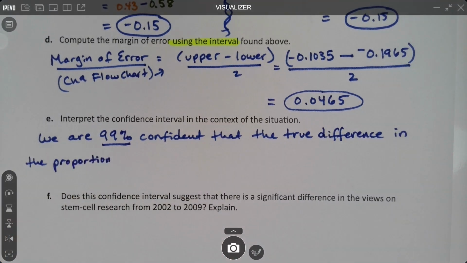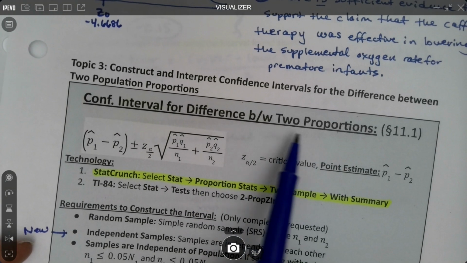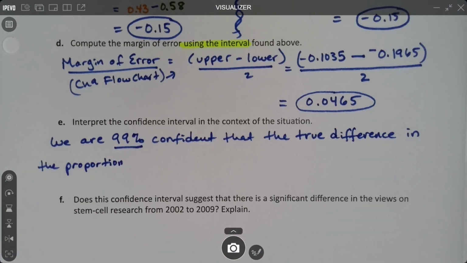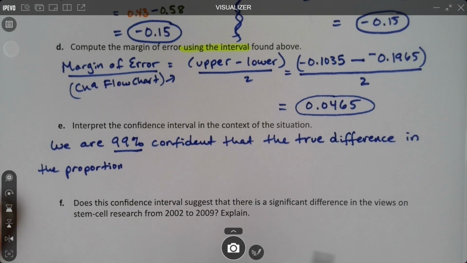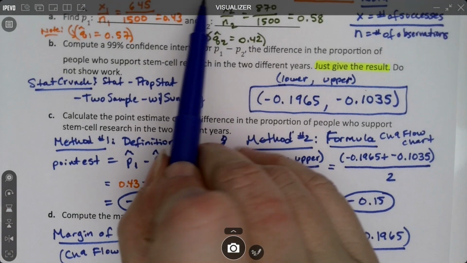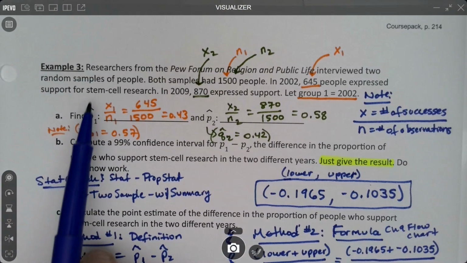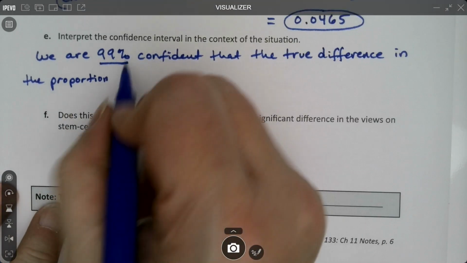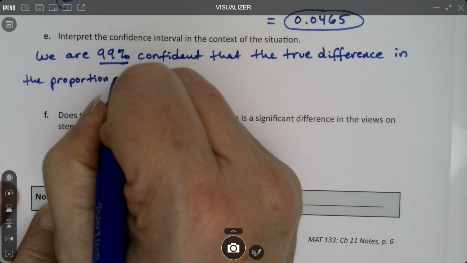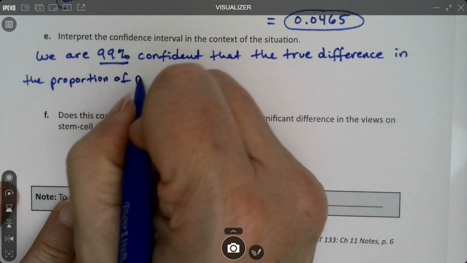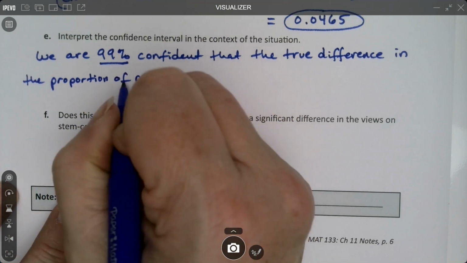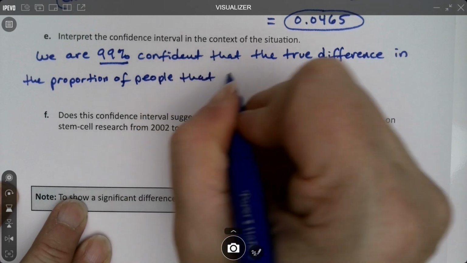So difference in proportions, you can see that from the title. And it was the proportions of people that believe in stem cell research, right? That support stem cell research. It's right up here, right? Difference in the proportion of people that support stem cell research.